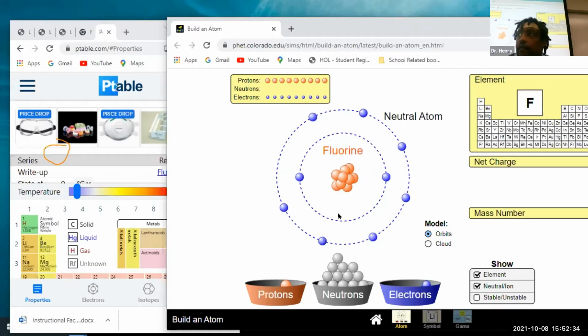Okay, and then we're going to hit this part here. So right now it has no neutrons in it.